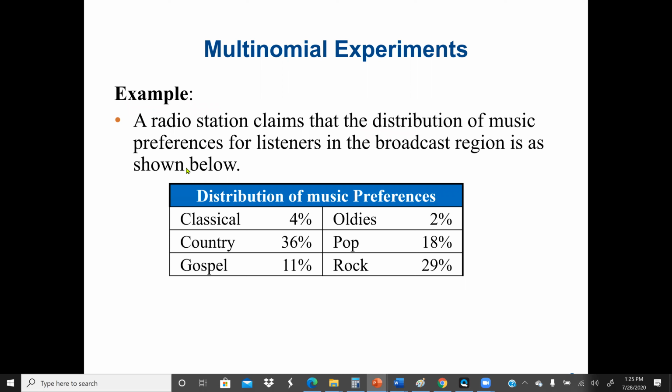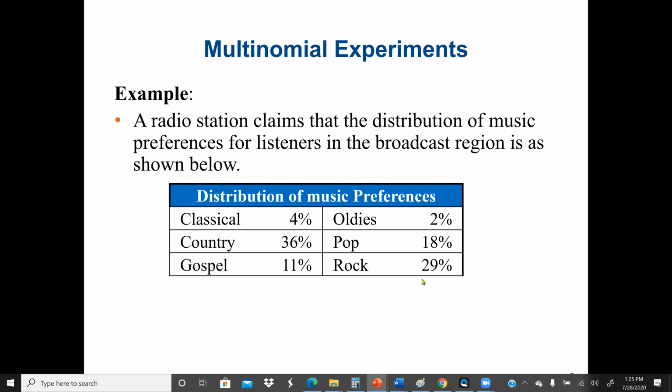This is the example here. We have a radio station that claims that the distribution of music preferences for listeners in a broadcast region is as shown below. This is the claim of the radio station. In the distribution, 4% of the listeners prefer classical music, 36% country, 11% gospel, 2% oldies, 18% pop, and 29% rock.